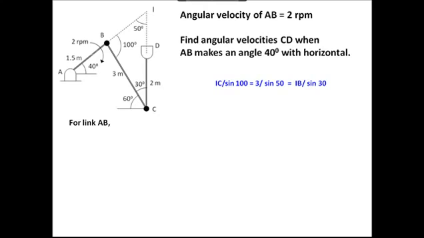And then go link by link. For link AB, VB will be distance AB into omega AB, 1.5 into 2, and that will be 3 meters per second.